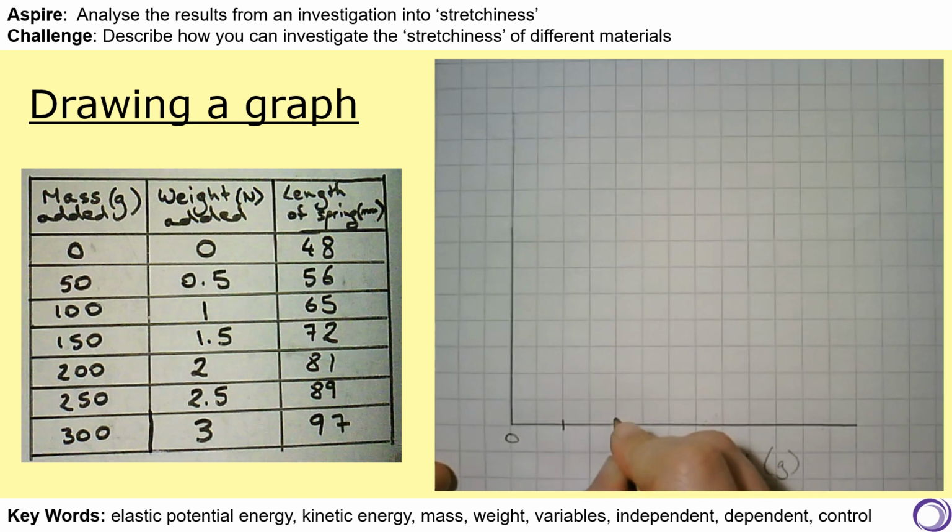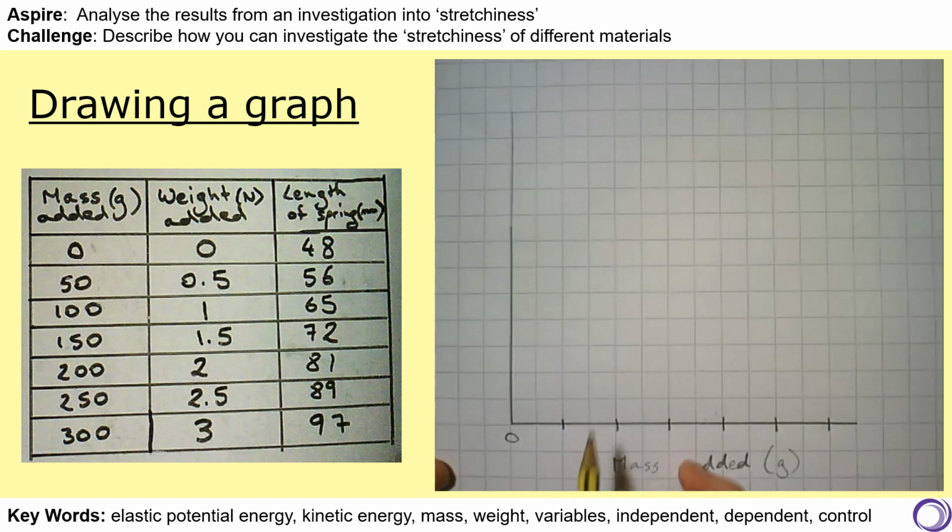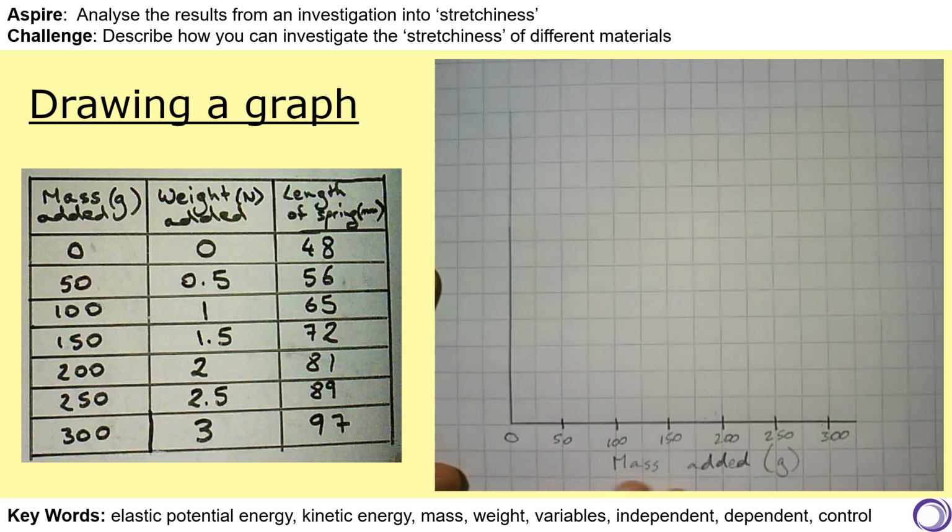So 50, 100, 150, 200, 250, 300, that fits really well on my scale here. So let's write the numbers: 50, 100, 150, 200, 250, and 300. So those are grams of mass added. Okay. If you need to pause the video now to do your x-axis, do.